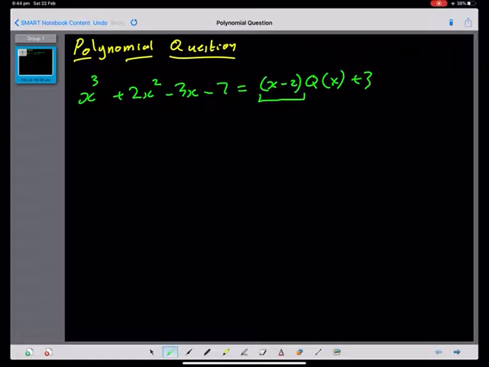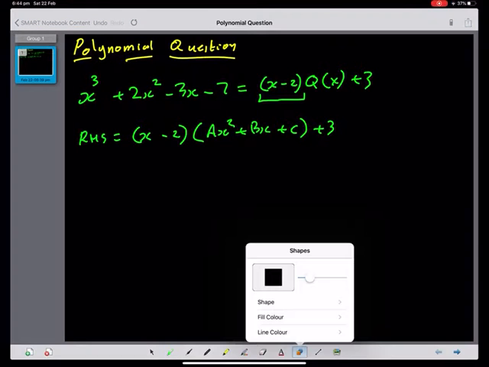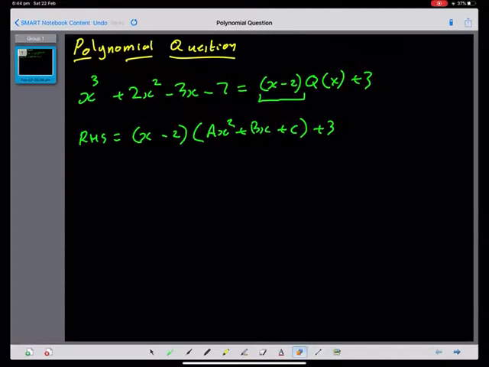Okay, so let's have a look at the general equation of a quadratic. Looking at the right hand side, x minus 2 times the general formula for a quadratic, ax squared plus bx plus c, then we've got plus 3 at the end. Okay, so let's multiply out here, and then we can compare coefficients between the right hand side and the left hand side.